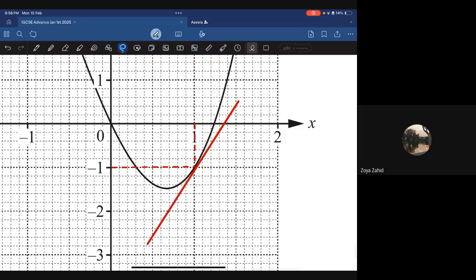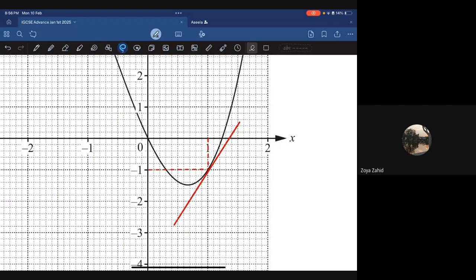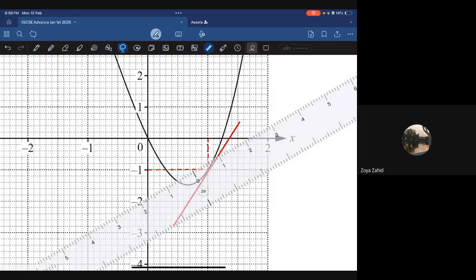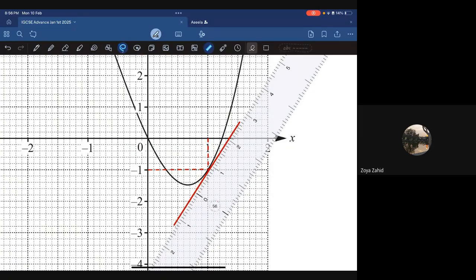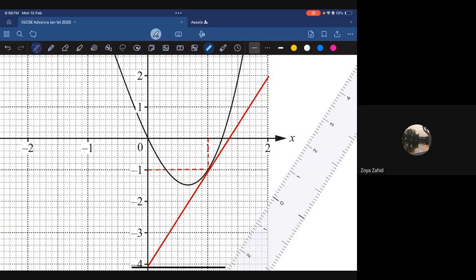It is touching the point, but it is touching nothing else. Clear, guys? Is there anyone who still doesn't get it? Is there anyone who still does not know how to draw the tangent?